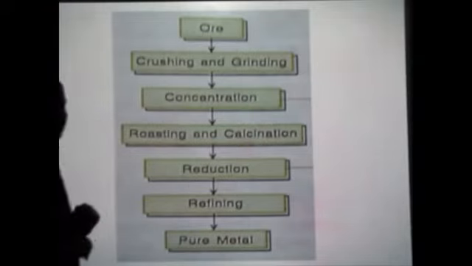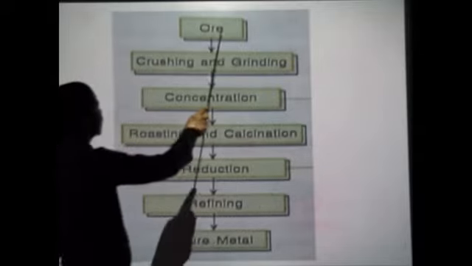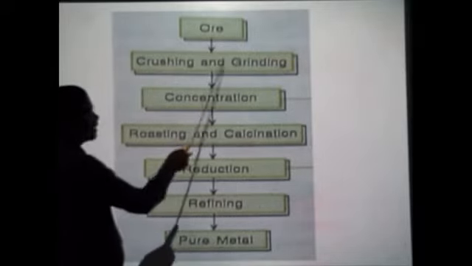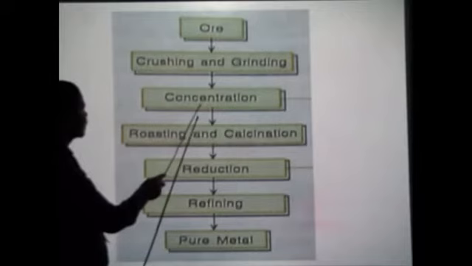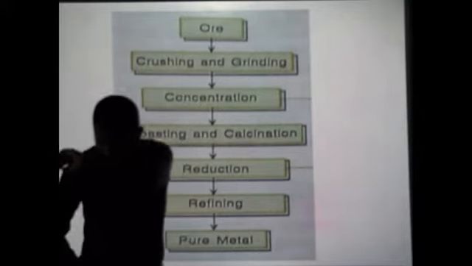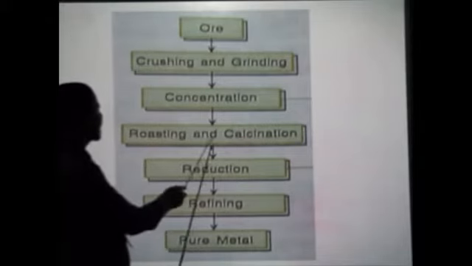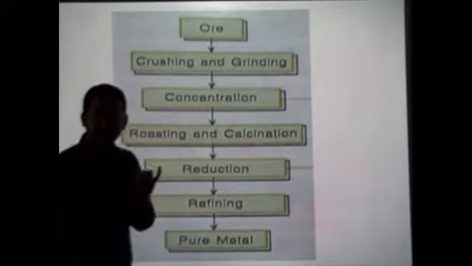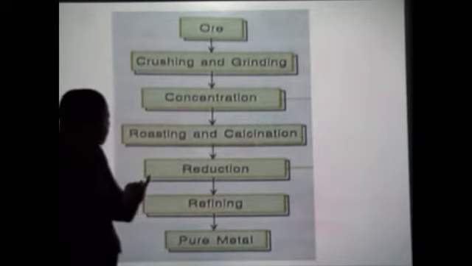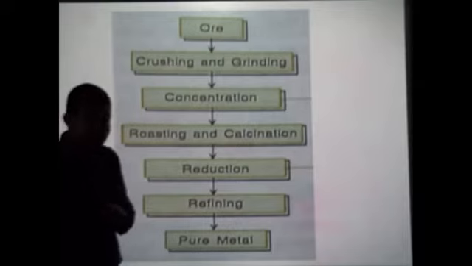So this is the flow chart for the extraction of metal. First of all, get the ore, and then we do crushing and grinding. Second step, concentration of ore. Third, roasting and calcination, converting the ore into metal oxides.